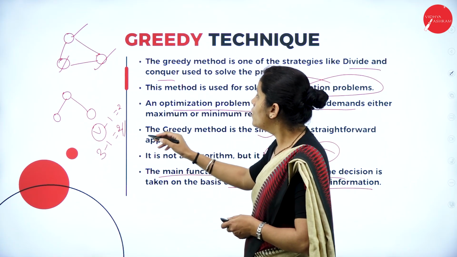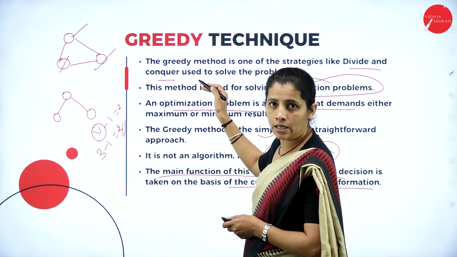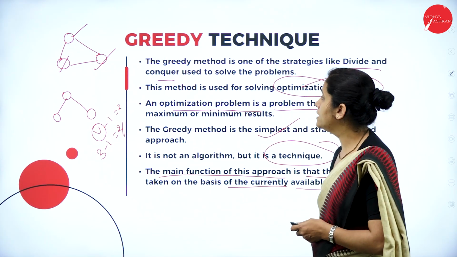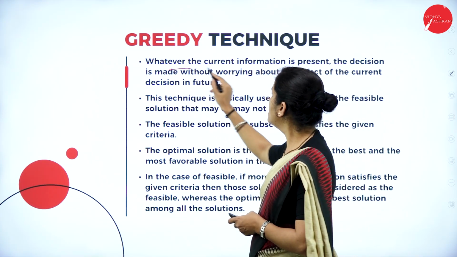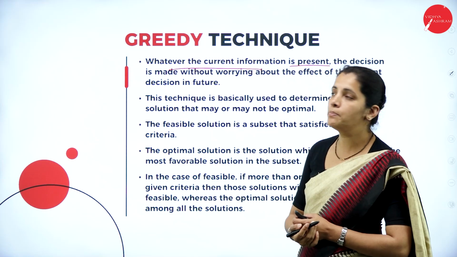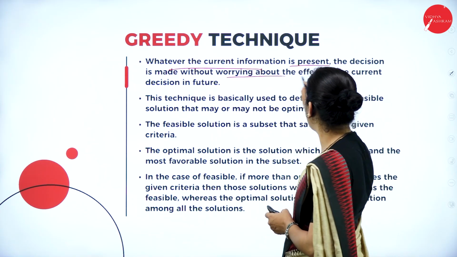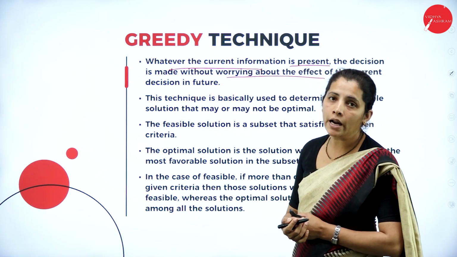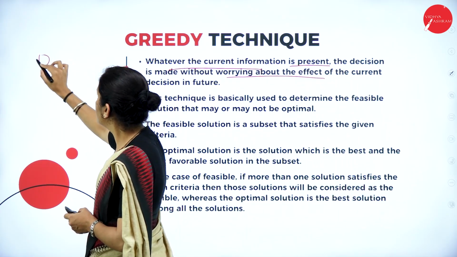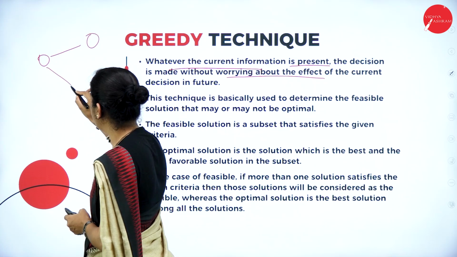Okay, now we apply the greedy technique to find the optimal solution. Now see here, whatever the current information is, the decision is made without worrying about the effect of the current decision in future. Okay, fine. See here, I have the spanning tree.